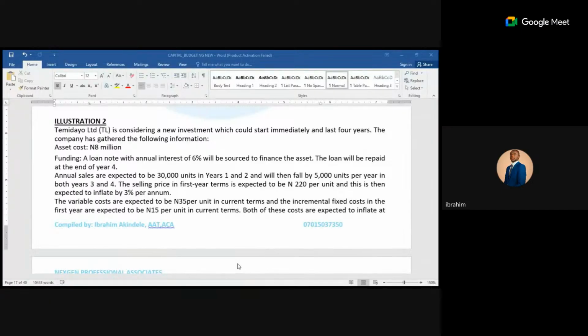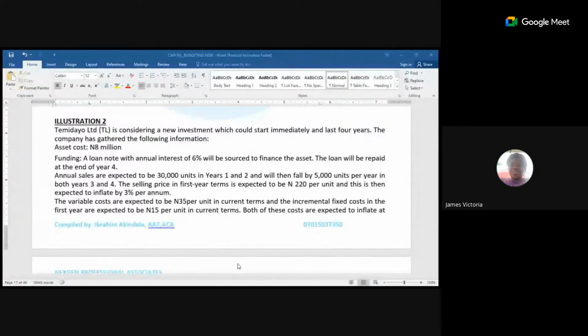Understand the requirement. Research shows that if students understand the requirement right, it is assumed that you have solved 60% of the question. That is why we first read the requirement, which says to determine or calculate the proposed NPV.